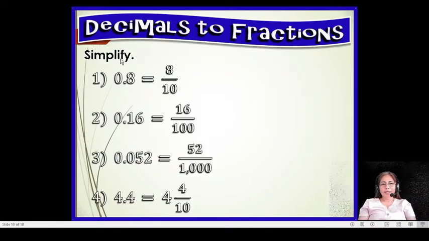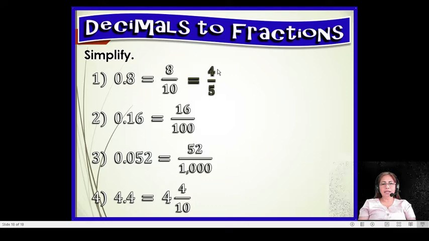Then, we can simplify the fraction. So 8 over 10 is not in lowest term. So we divide 8 and 10 by the GCF, which is 2.